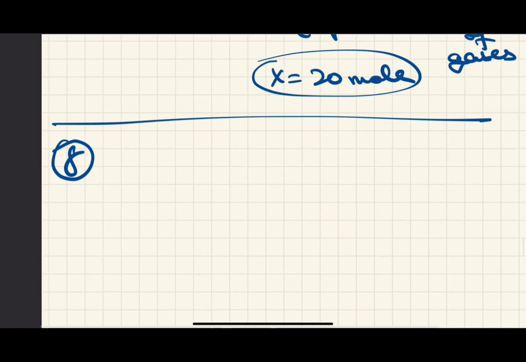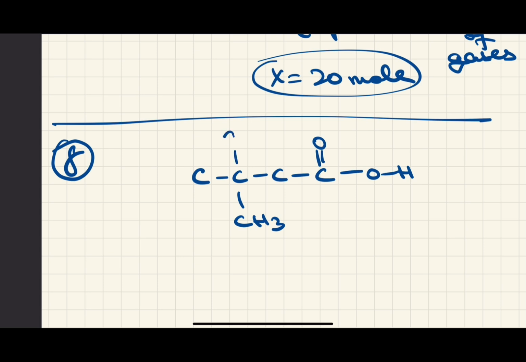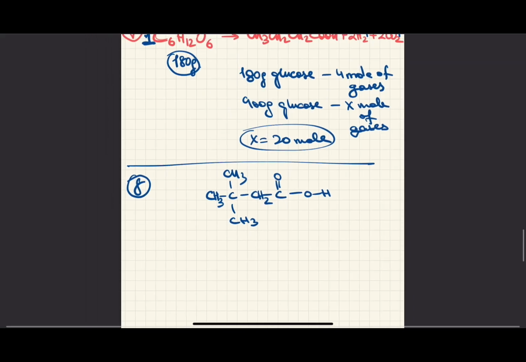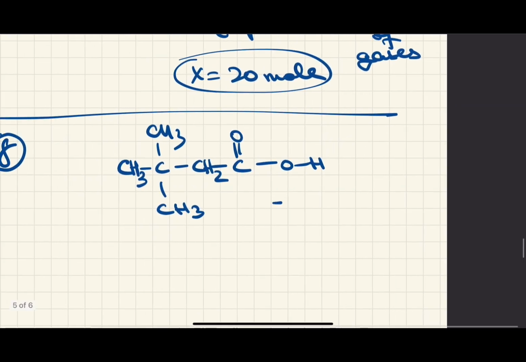We have butyric acid, C like this, and then at position 2 I would put CH3, CH3, CH3 here and CH2 here. Now you could have just done this through here and you will find 116 grams of that. Now in this case we're adding calcium bicarbonate on top of this.